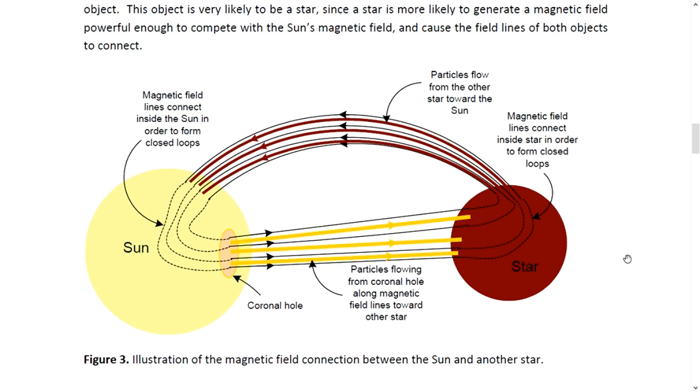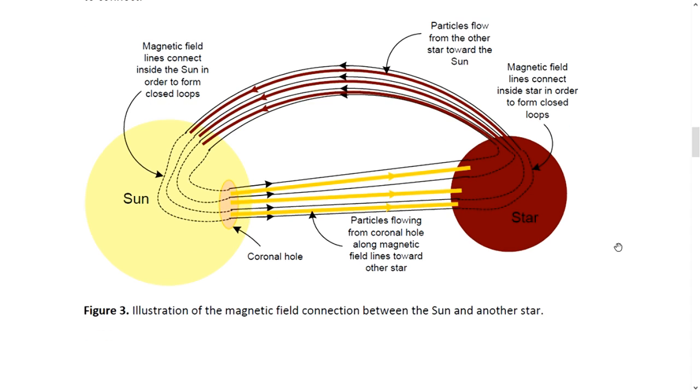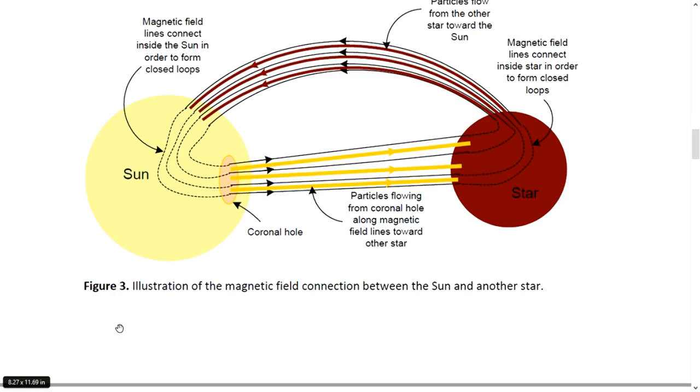And this portal connection is causing these coronal holes to open up on the sun, therefore exposing the earth to the solar winds, the radiation, and the influx of these particles. It basically states here, figure 3, illustration of the magnetic field connection between the sun and another star.